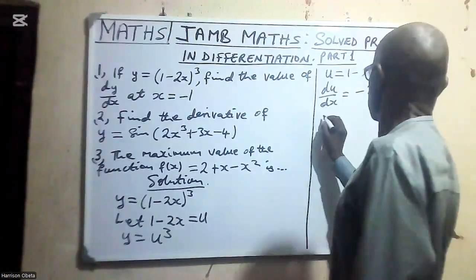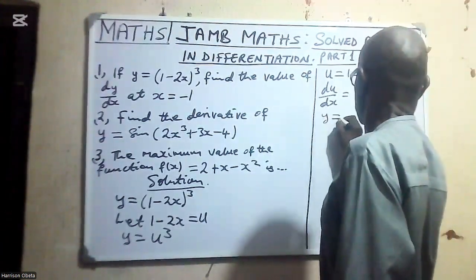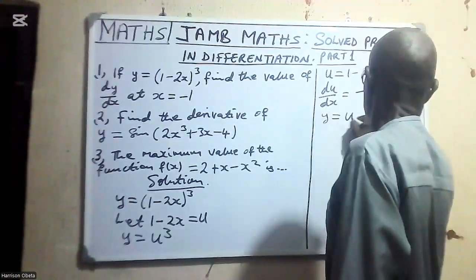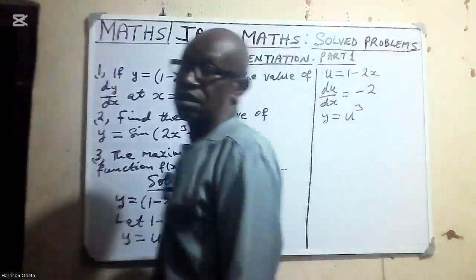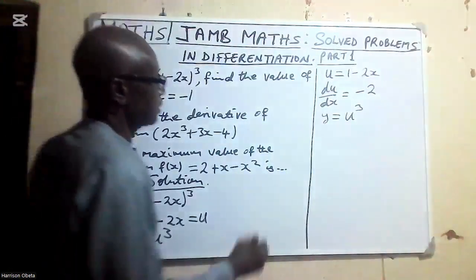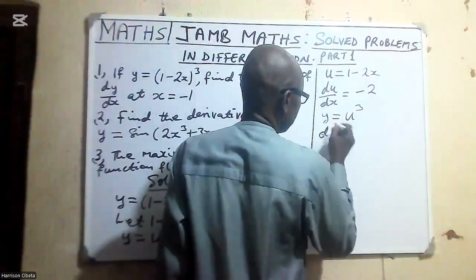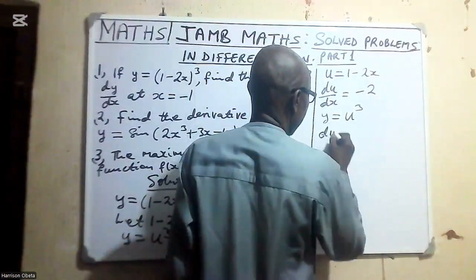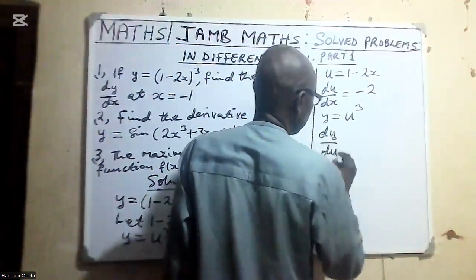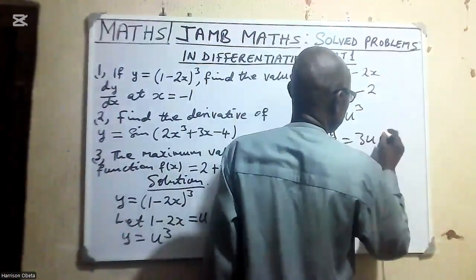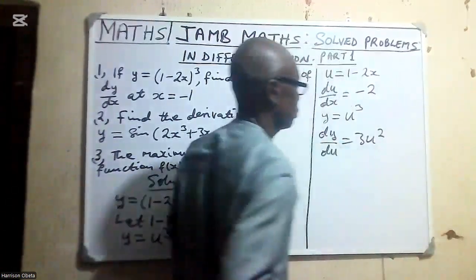Then, again, we are told that y is equal to u raised to the power 3. If y is equal to u cubed, differentiating with respect to u, we have dy/du equal to 3u squared.